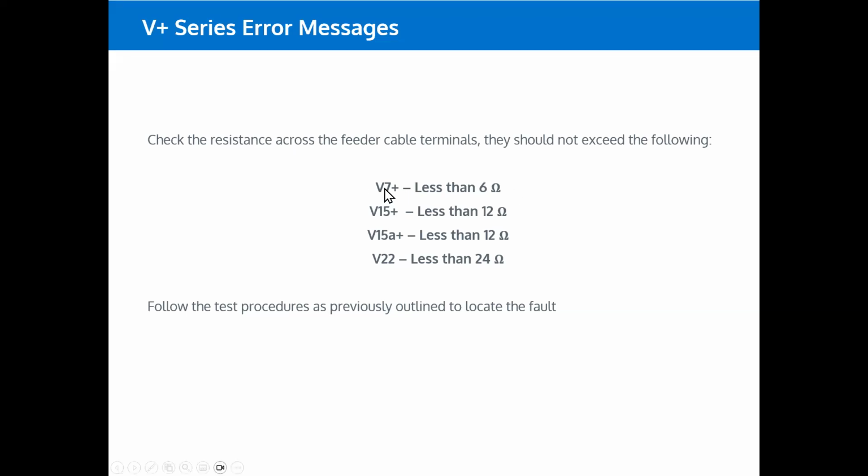For example, for the V7, which is our smallest driver, the value is only 6 ohms. Then it's 12 ohms for the V15 and the V15A, and 24 ohms for the V22. So you can see the higher the voltage capacity of the driver, the higher the resistance is.